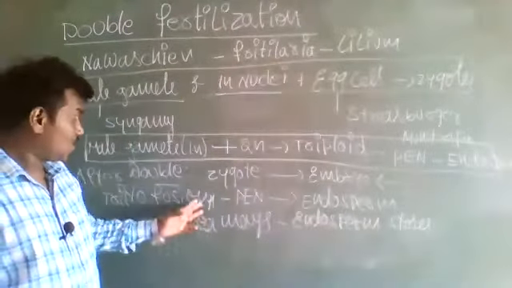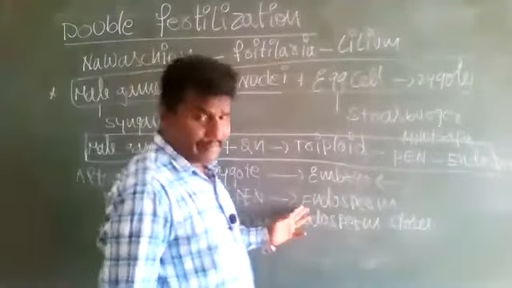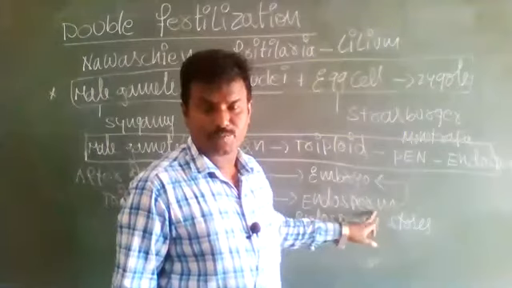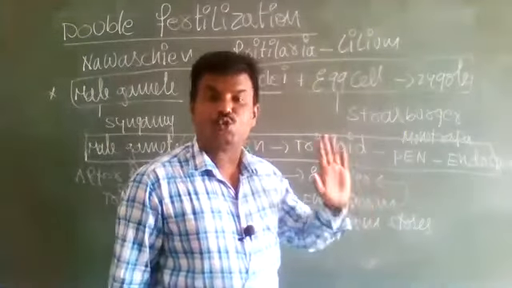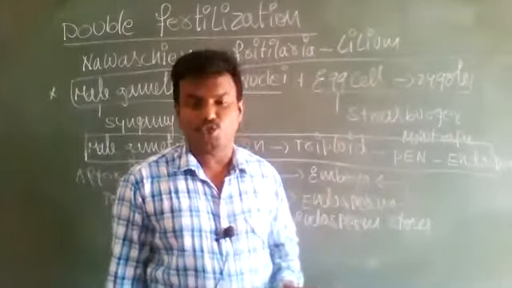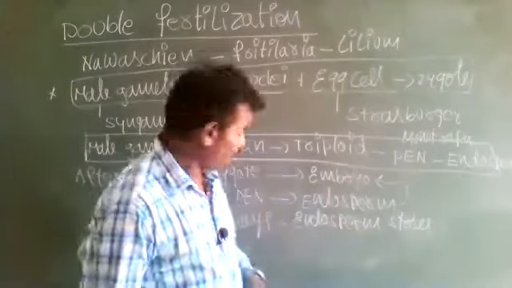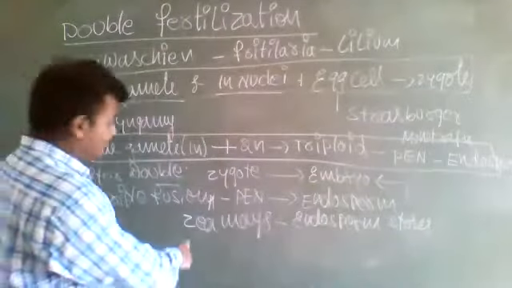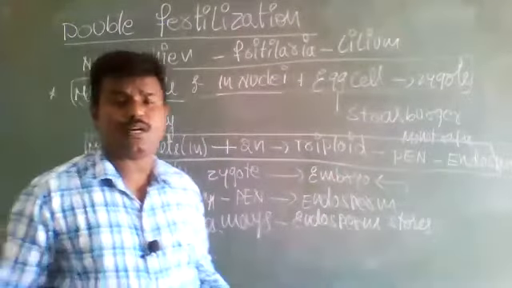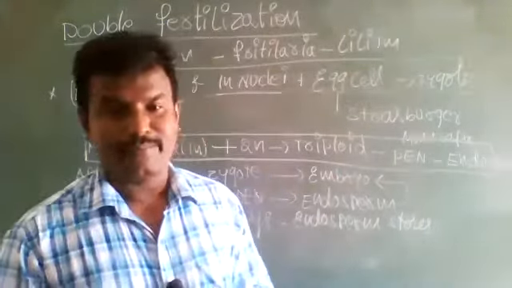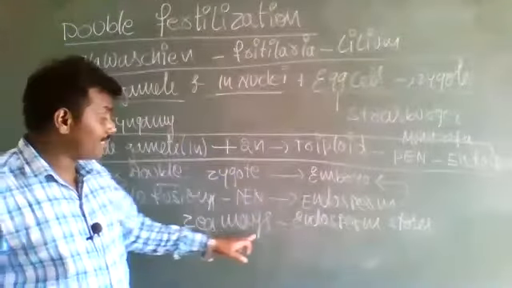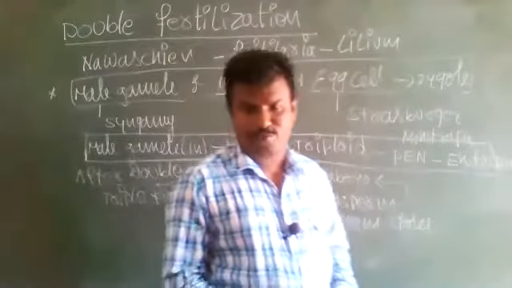So the primary endosperm nucleus undergoes mitosis divisions and gives rise to endosperm. This endosperm provides nutrients to the developing embryo in the seed. Some seeds such as cereals, for example corn, the endosperm stores the food material.